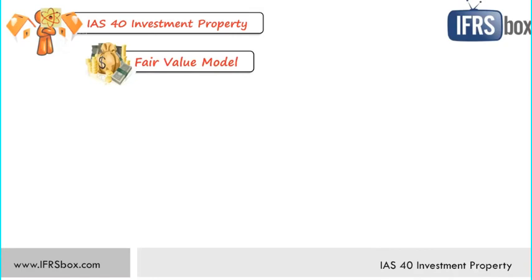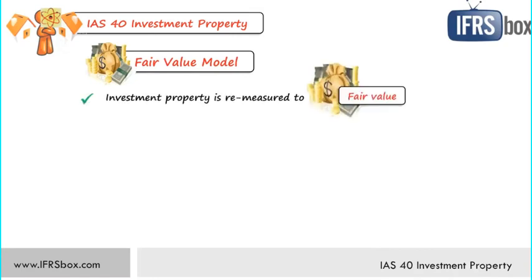Under this model, the investment property should be measured at fair value, so it means that you should revalue the investment property at least at the end of each reporting period. The rules for fair value measurement are stipulated in the standard IFRS 13 fair value measurement, and you can find a video dedicated to IFRS 13 in this channel too.